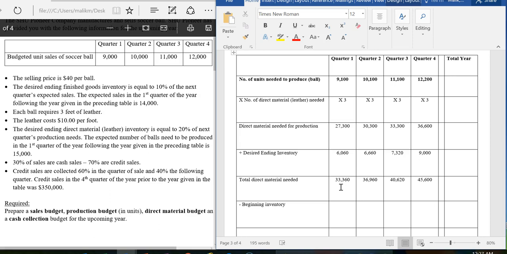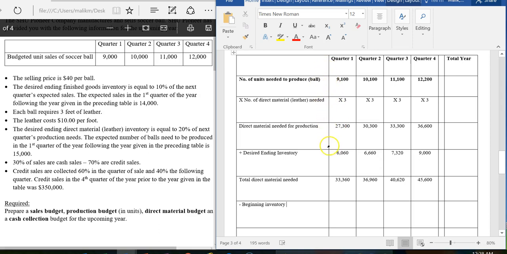So we have to think of what the past year's last quarter's ending inventory was. That will be based on the next quarter's production need and 20% of it.